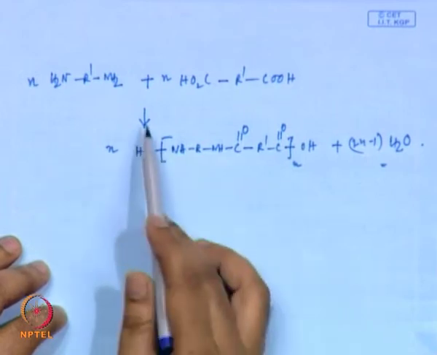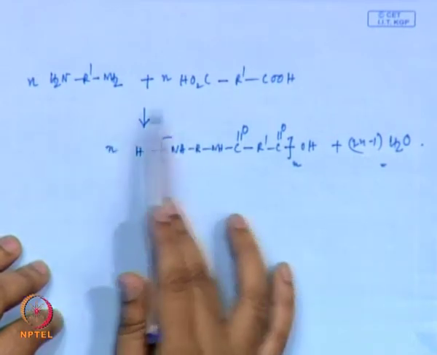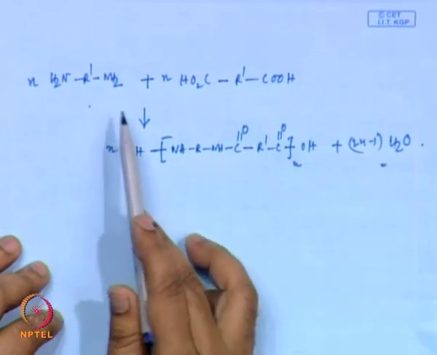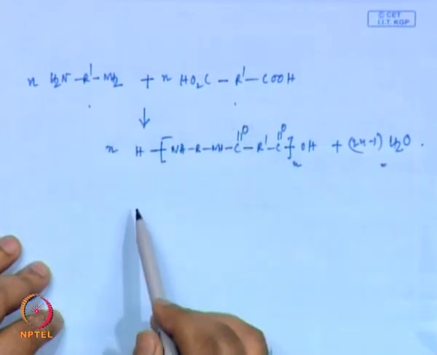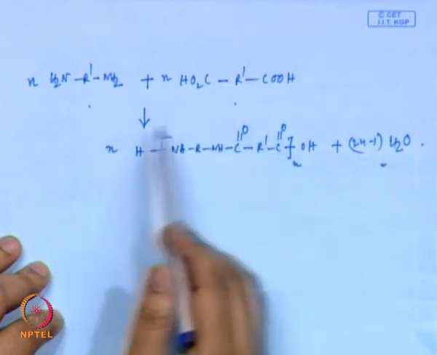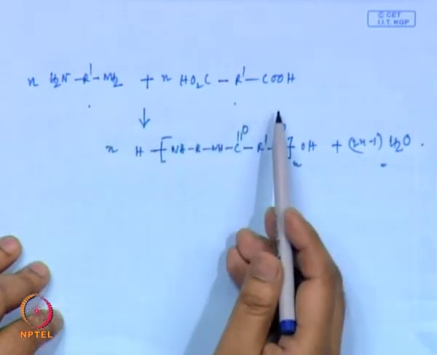Now, in this particular case for forming polyamides, you can make this from diamine and diacids. This can also be made from other variations of these monomers like diamines and diacyl chloride.